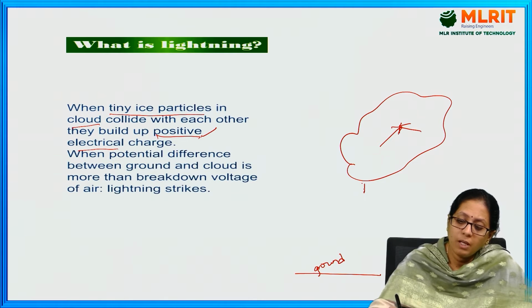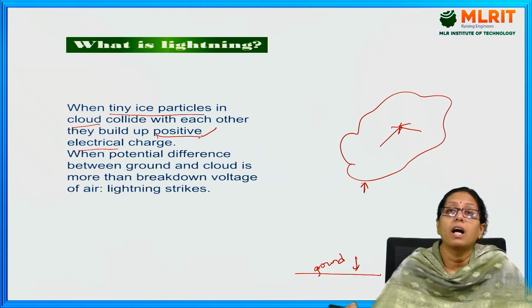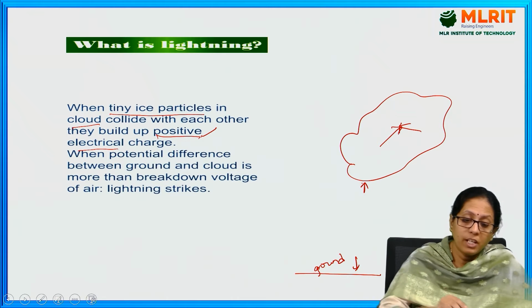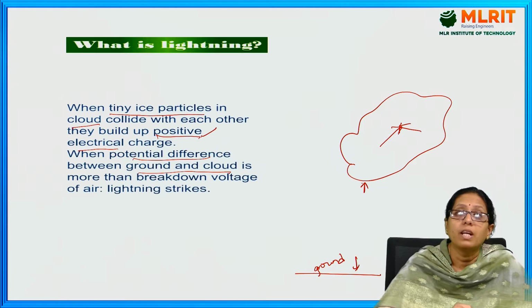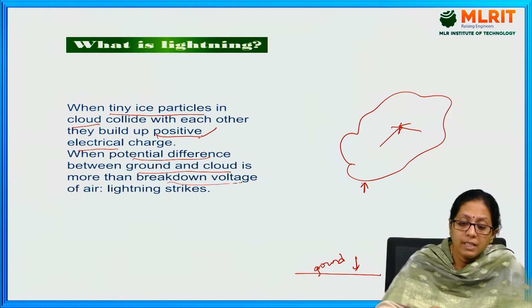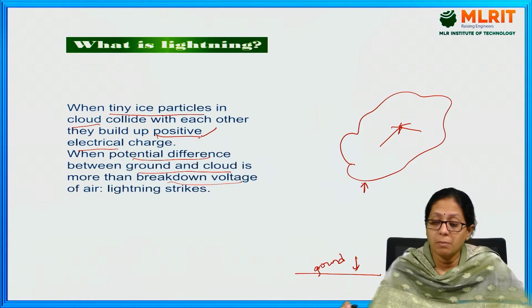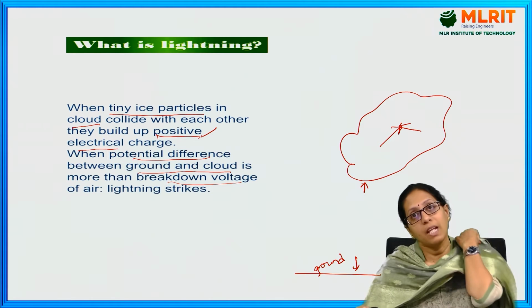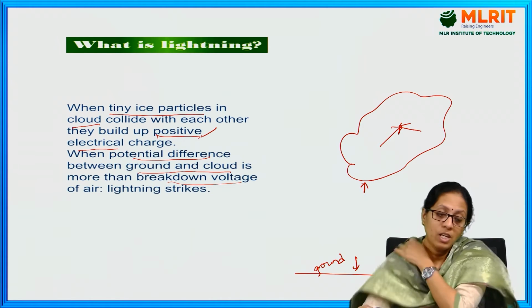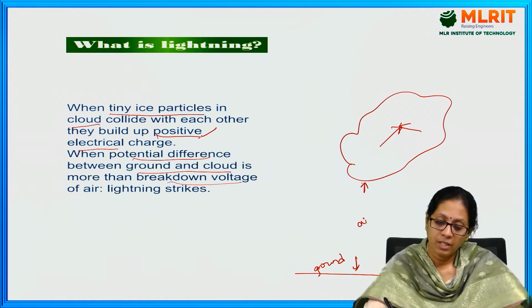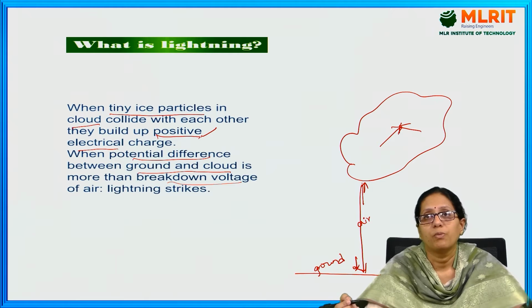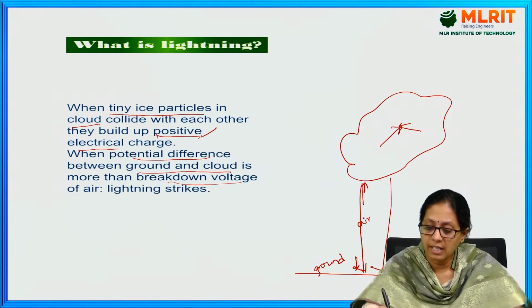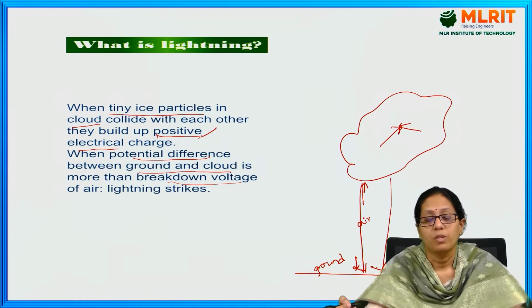If the potential difference between the ground and the cloud is more than the breakdown voltage in the air, the lightning strikes the ground. The lightning directly strikes the ground. So this is the lightning.